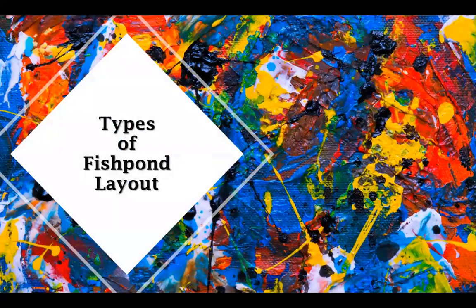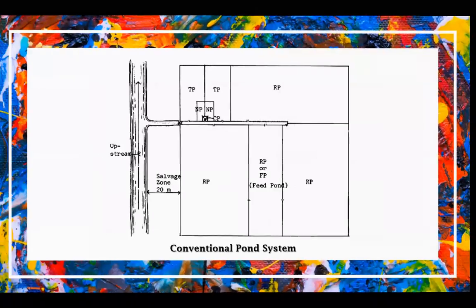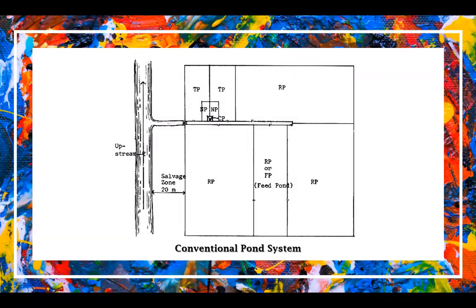Now, let's talk about the different types of fish pond layout. We have here different samples of fish pond layout. The first one is the conventional pond system. As you can see in the picture, that is how a conventional pond system looks like.